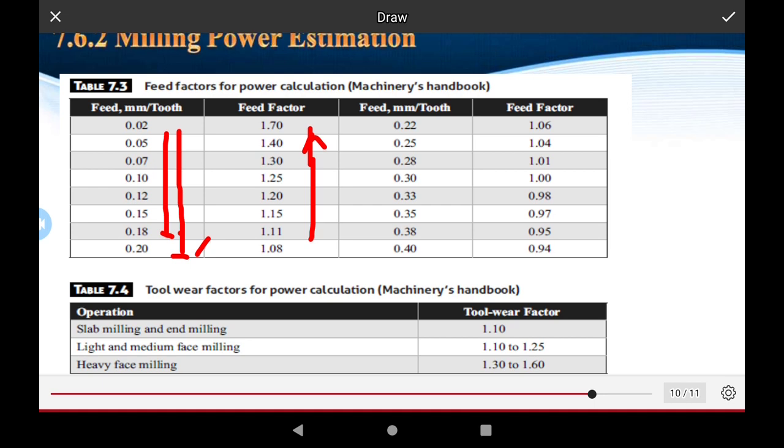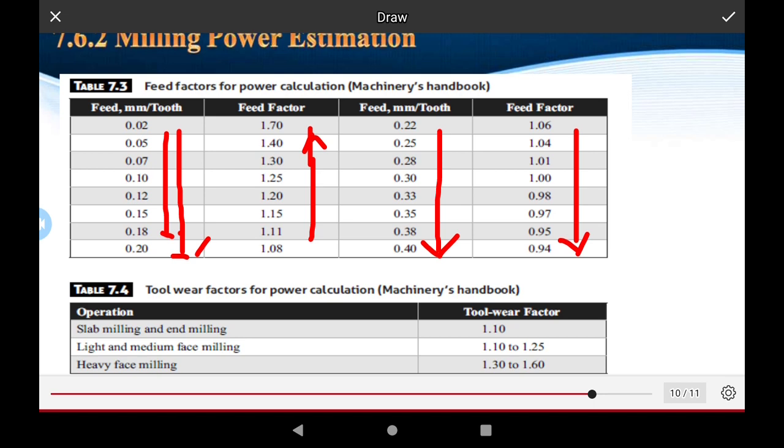For other materials, as the feed rate increases, the feed factor decreases.